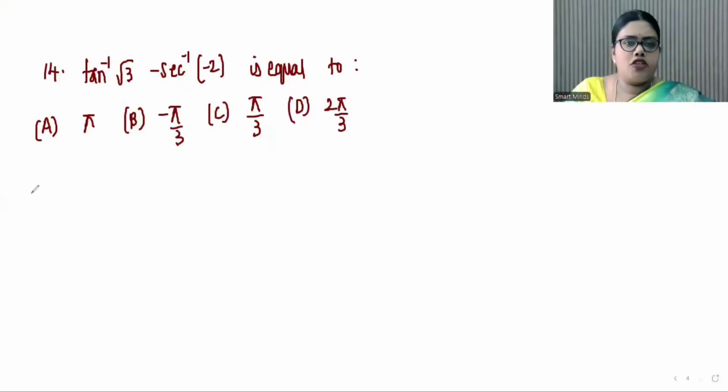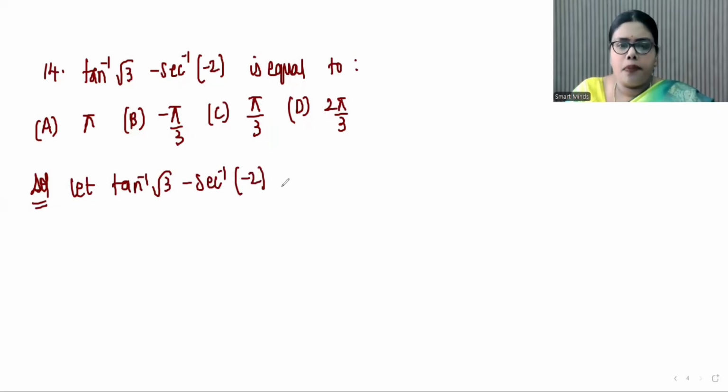Take the next question. Even this is an MCQ. Question number 14. Tan inverse of root 3 minus secant inverse of minus 2 is equal to dash. So let's say tan inverse of root 3 minus secant inverse of minus 2 equals y.